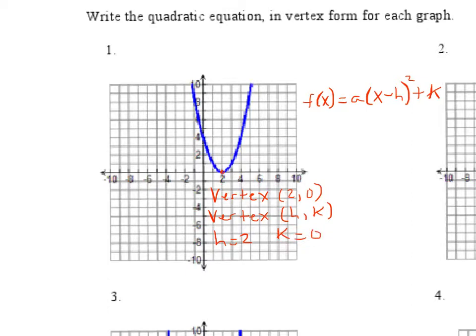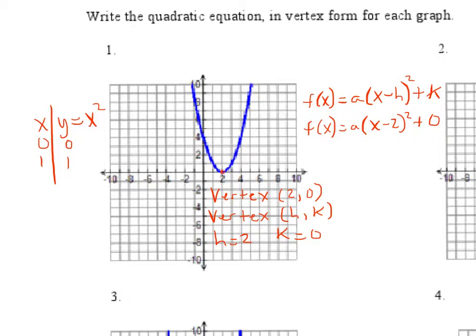So my equation becomes f(x) = a(x - 2)^2 + 0. So then my next step is to identify what my a is. Remember that in my parent graph, which is y = x^2, my basic count was 1, 1, 2, 4, with my vertex right here at (0, 0).